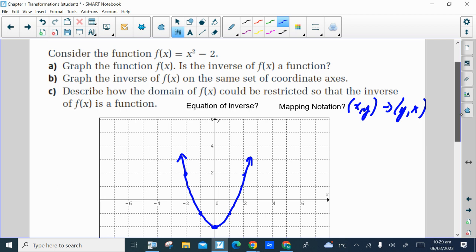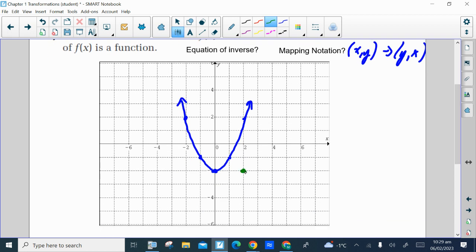So to sketch the graph of the inverse, we'll take points and we'll switch them around. The point (-2, 2) becomes (2, -2). The point (-1, -1), that's going to be invariant. There is an invariant point here. The point (0, -2) becomes (-2, 0).